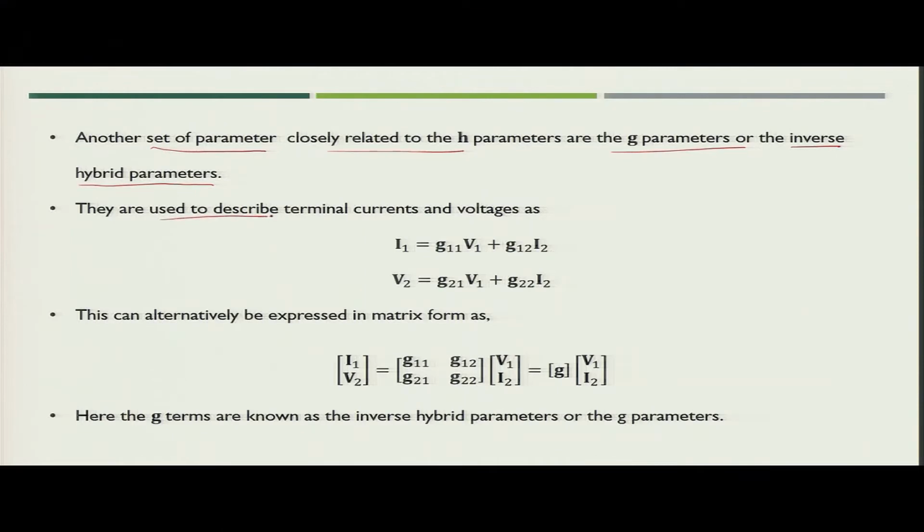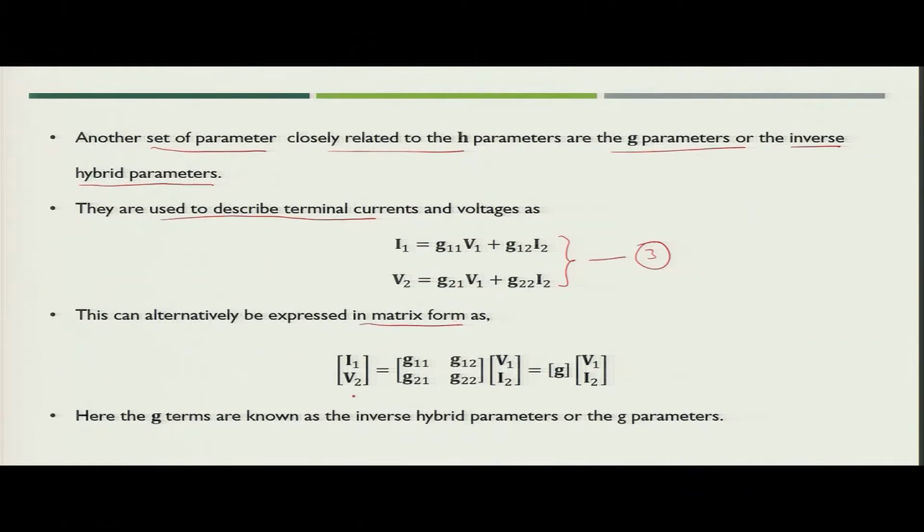So now how will you describe the terminal currents and voltages? I1 in this case will become G11 V1 plus G12 I2, and V2 will become G21 V1 plus G22 I2. So this is another set of equations which will define the G parameters.